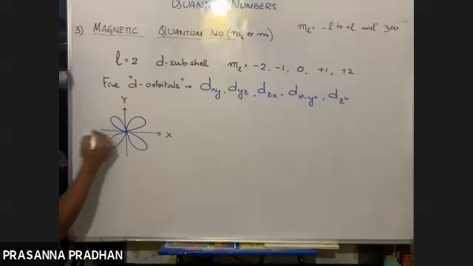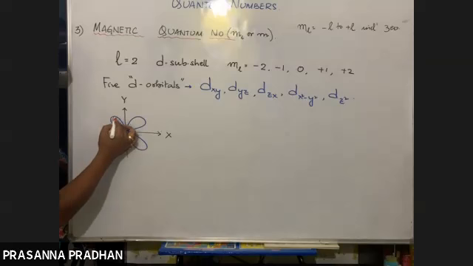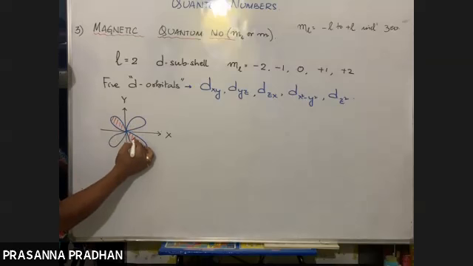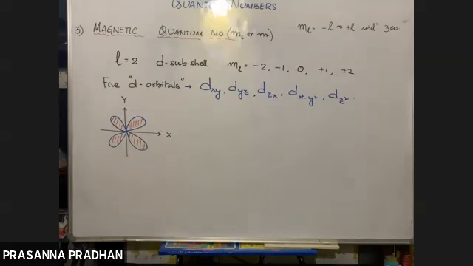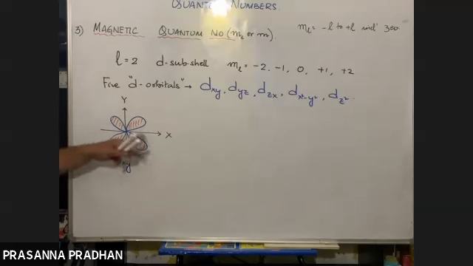There is a maximum probability of finding electron in between the x and the y-axis. So this is your dxy orbital.